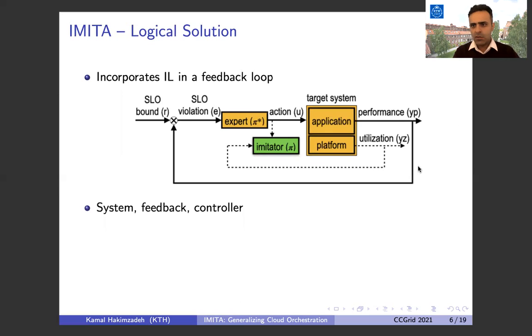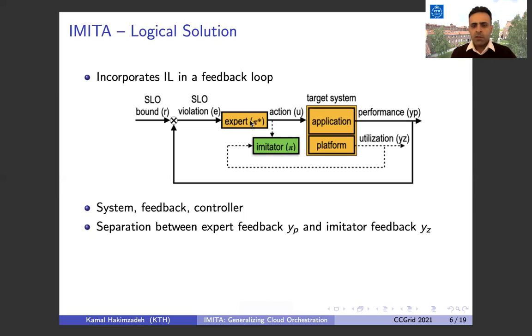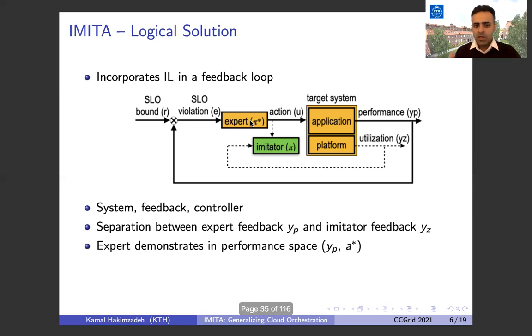This goes in a loop, and the controller always controls the system. But we separate the type of feedback that we give to the expert from the type of feedback that the imitator can see. The expert demonstrates its trajectories in a performance space, or KPI space, but the imitator learns in resource utilization space.